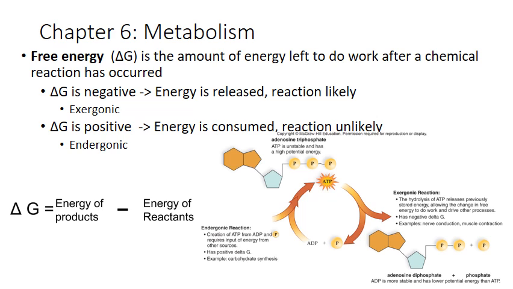If there's more energy in the products than in the reactants, that means you have to also have added energy. And so we would say this reaction is consuming energy, because you have to add energy into this reaction to make it happen. So this would be endergonic.